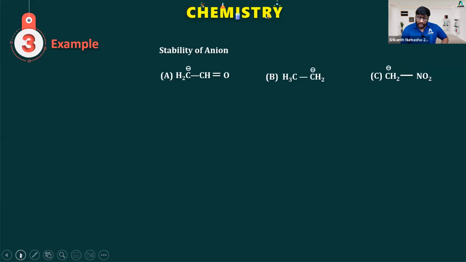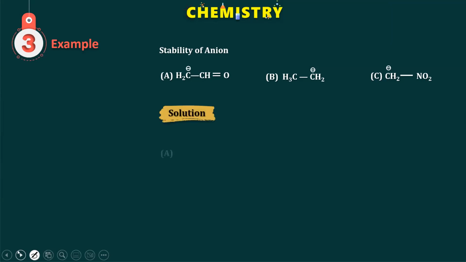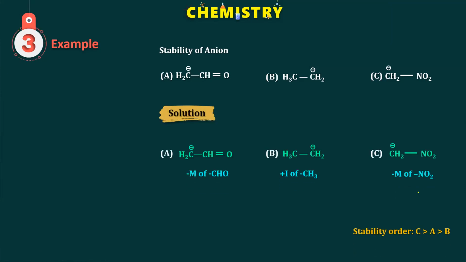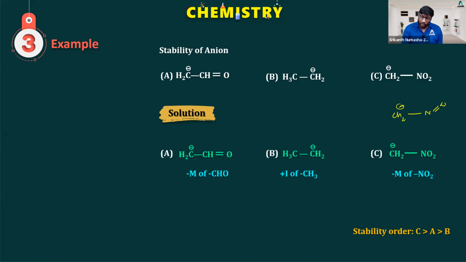Compare here: CH2 minus CH=O, CH3CH2 minus, and CH2 minus NO2. Compare the stability of the anion. So minus M. C will have more minus M. If you try to write the negative charge of CH2 minus N=O into the N=O, it will become NO minus.